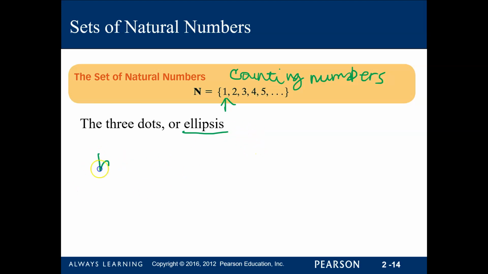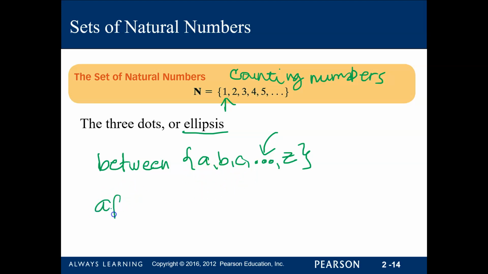They could be found between elements, just like the example earlier, A, B, C, ellipsis, and then Z. It just means that whatever the missing elements are, it's common knowledge based on the pattern that we see here. Or we can see it before or after.